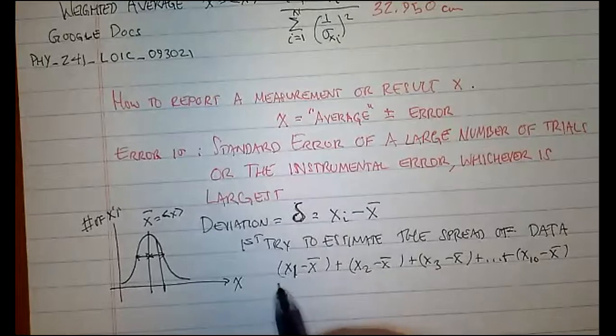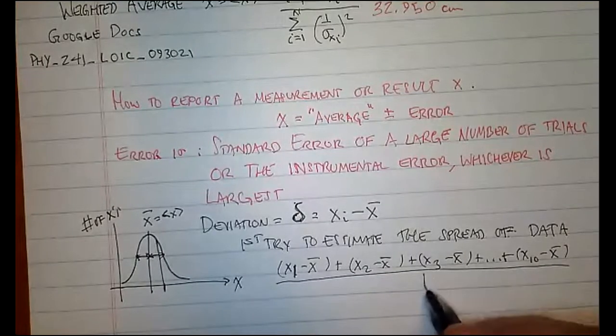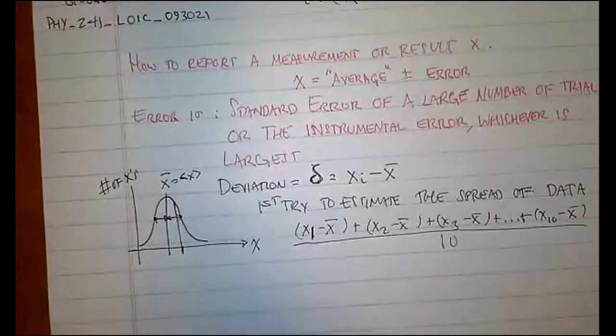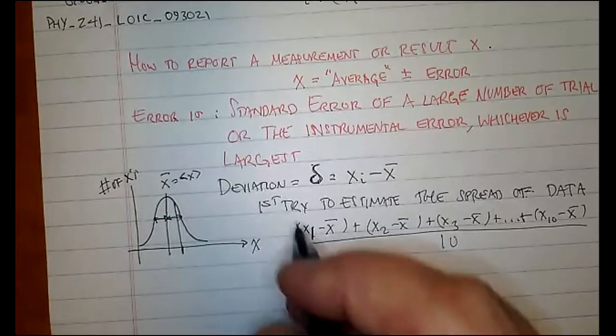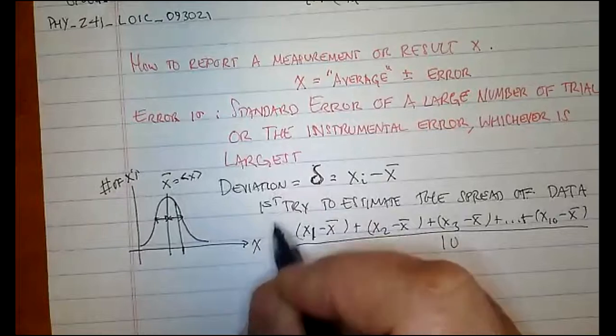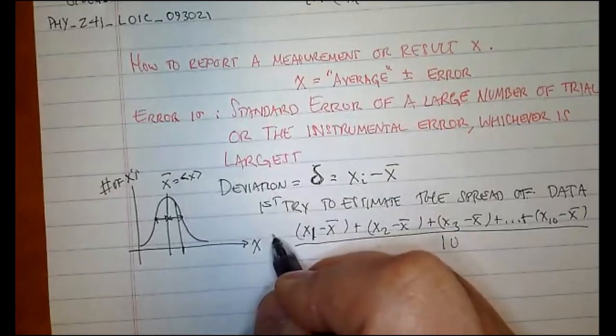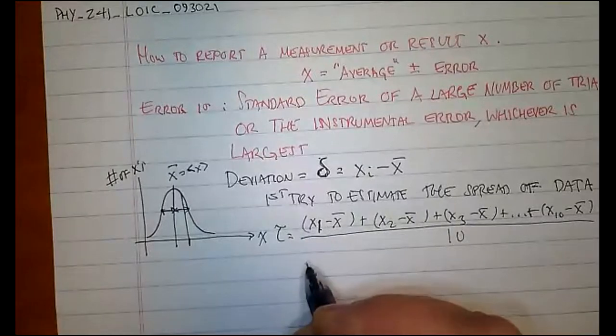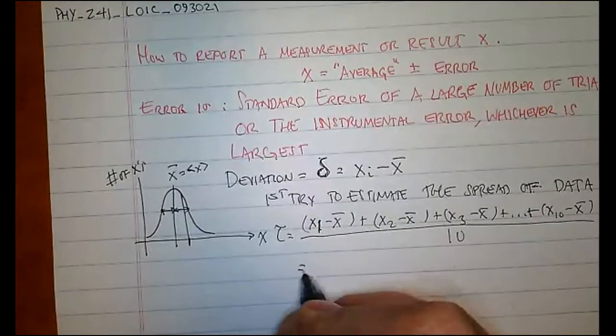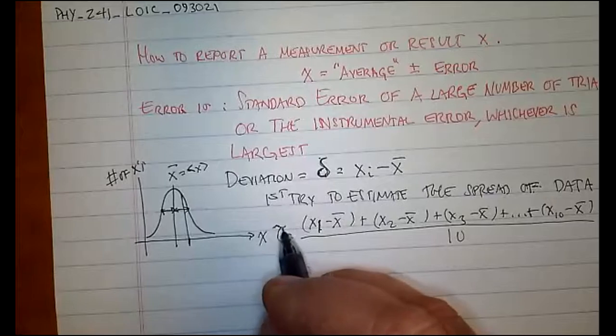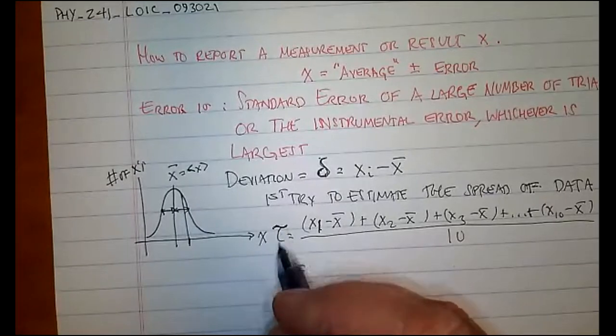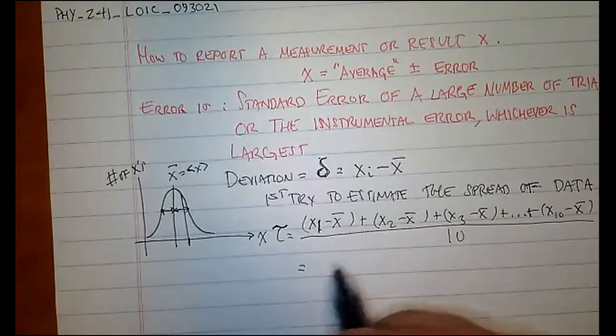And then I divide that by 10. I'm going to call this, by the way, tau, because I don't have a symbol for it, but I want to refer to it with a single letter. That's our first try.